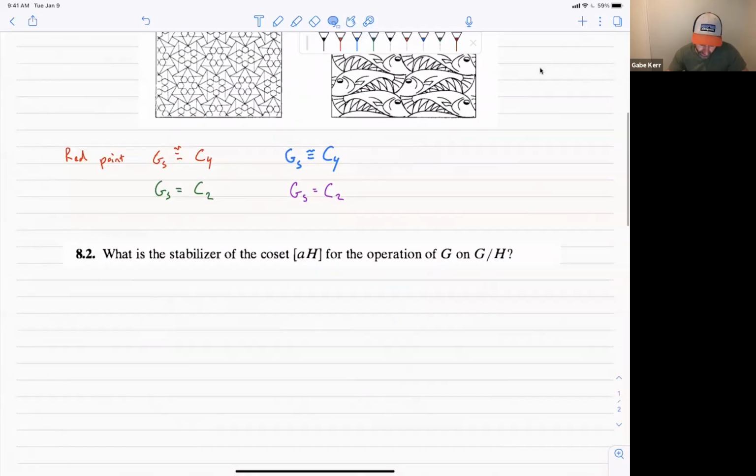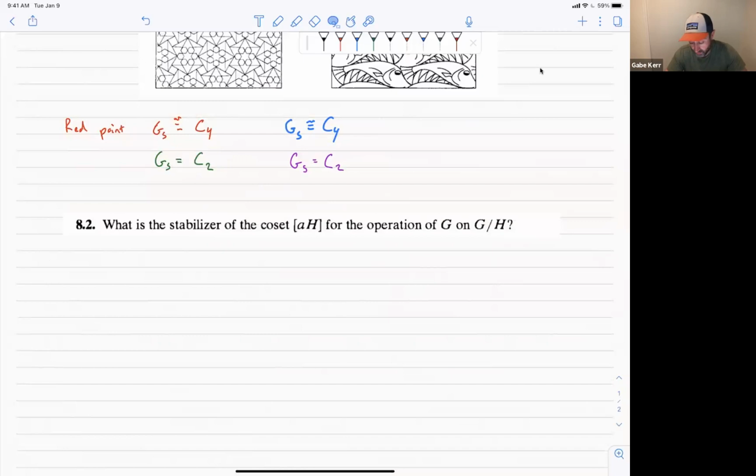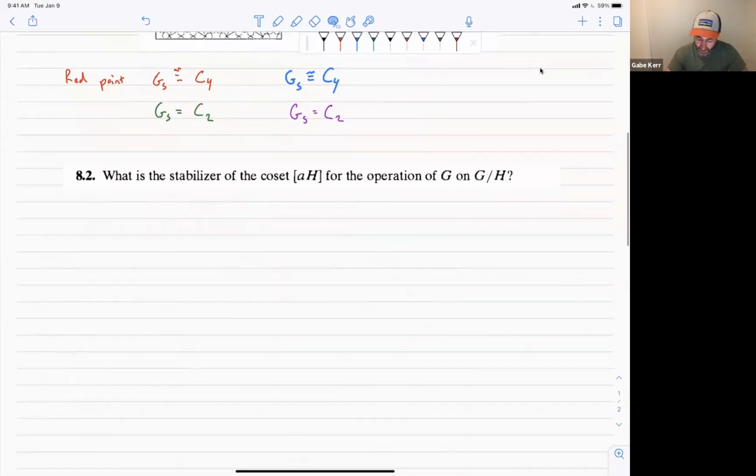What is the stabilizer of the coset AH for the operation of G on G/H? This is a good question, and it's kind of funny, actually. It's interesting because it shows you that this isomorphism that we talked about today for G-sets with transitive action does depend on the choice of point that you take.